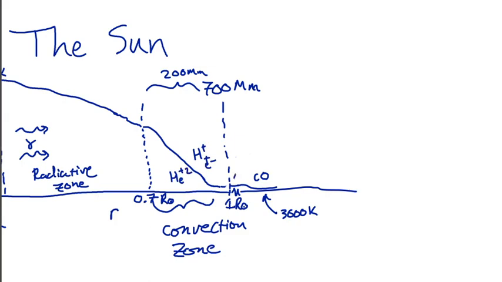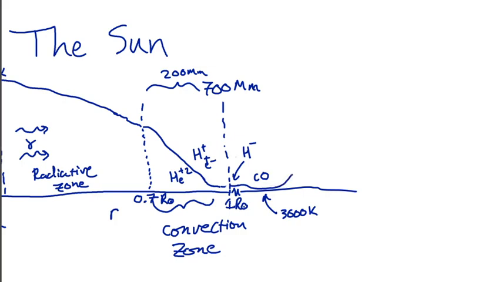At the surface of the sun, we start forming exotic H minus molecules. So this is a hydrogen atom with an electron attached to it, a second electron. And we come up and we have carbon monoxide and all sorts of interesting things in the lower atmosphere of the sun.